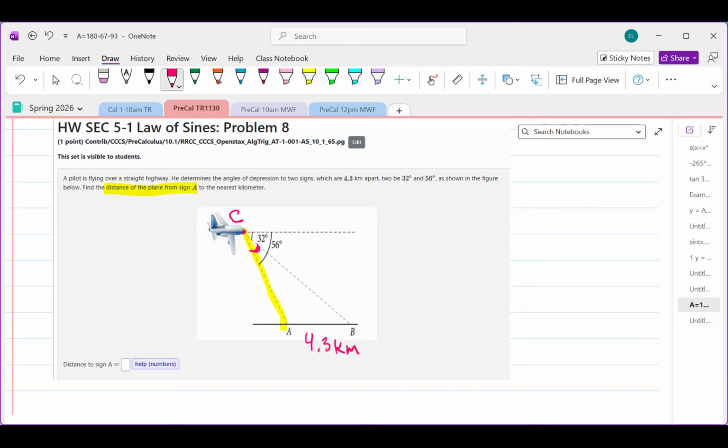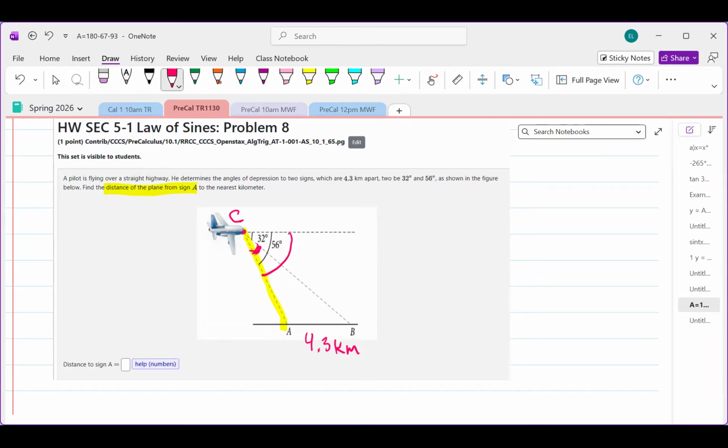So 56 is measuring from the horizontal line all the way down to here. But C is measuring from one diagonal line to the other. And we know 32 is measuring from the horizontal to the first diagonal line. 56 is from the horizontal to the second diagonal line. So the two diagonal lines should be the difference between 56 and 32.